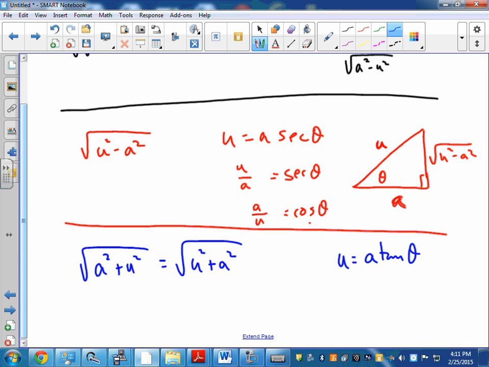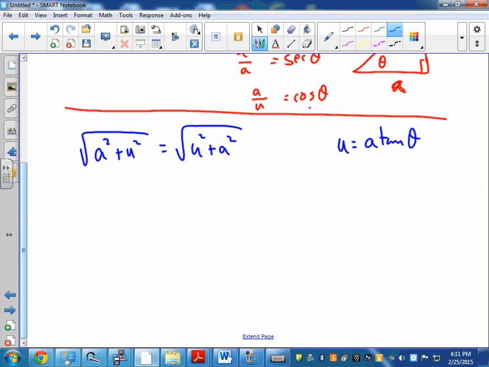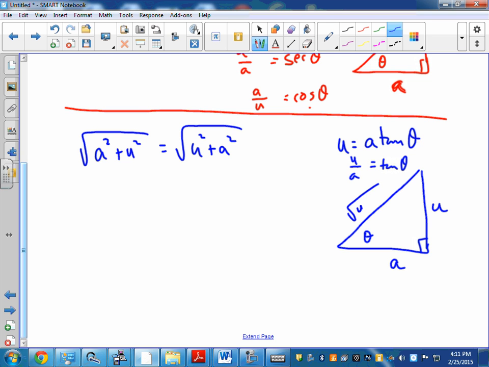And again, we can draw our little picture if you like. Okay, so same triangle. There's your theta. Notice that the tangent of theta is going to be u over a. So tangent is opposite over adjacent, and then this will be the square root of u squared plus a squared.